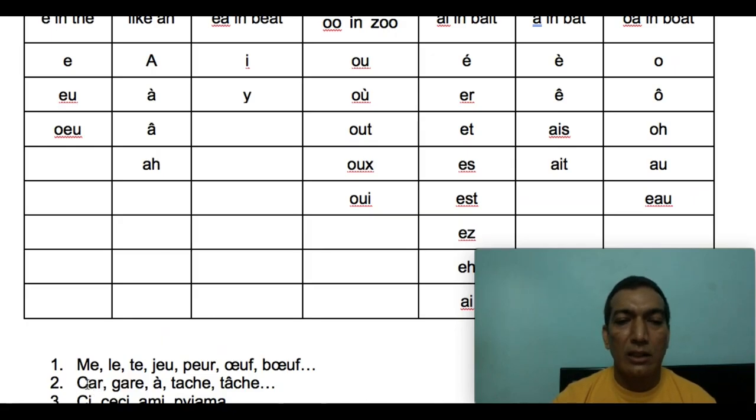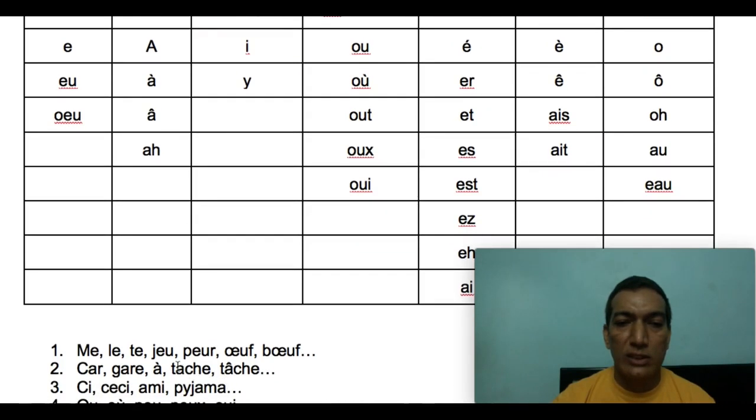Car, ca and r together become car. Gar, and à, which is itself a word which means to. Then a word which is written differently in these two cases: the first is without any accent, and in the second it is with an accent circonflexe.